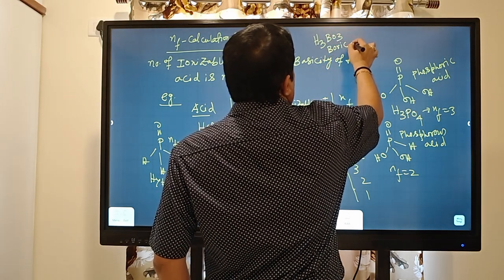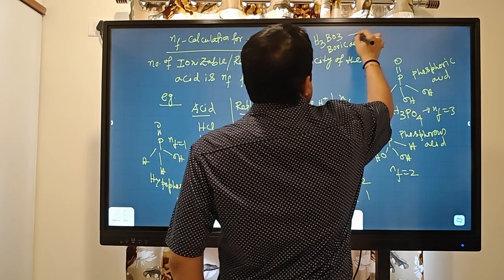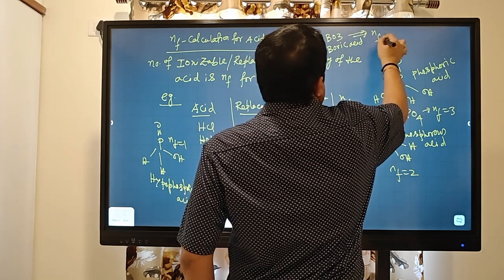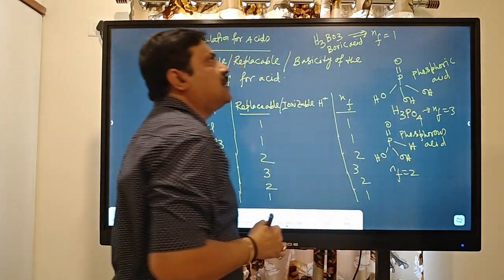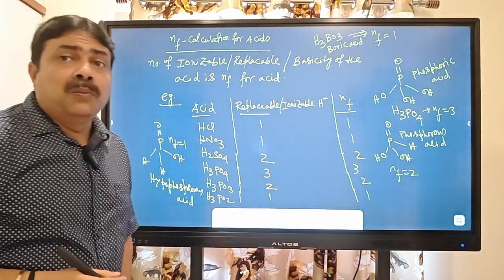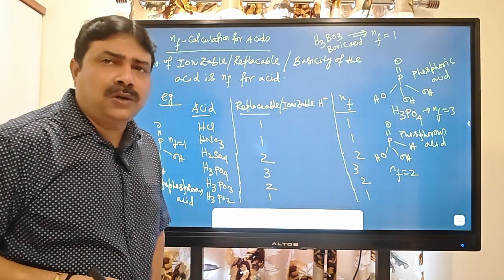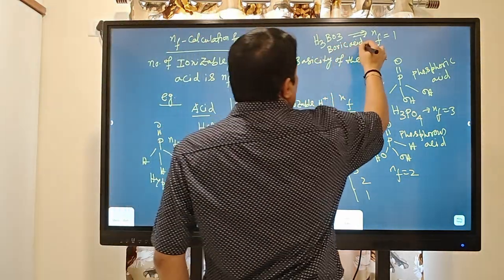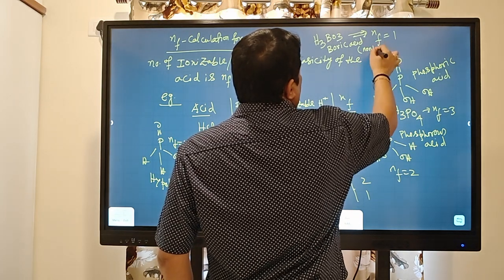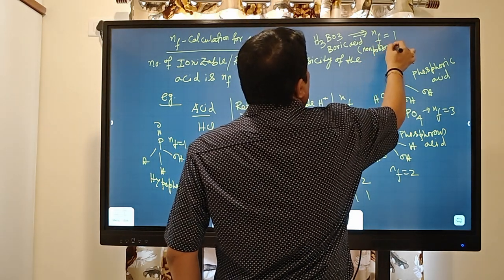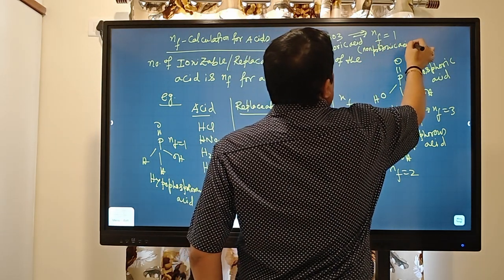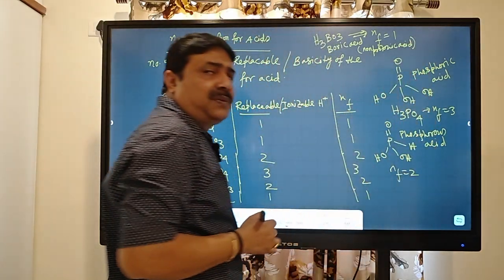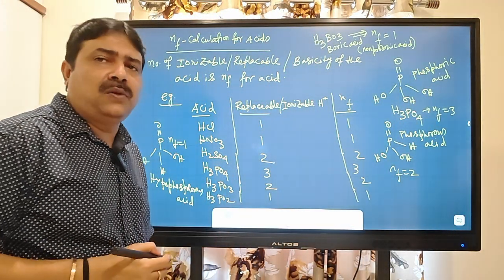what is the N factor of boric acid? Some people will think the N factor equals 3, but here the N factor equals 1 for boric acid. Boric acid is a non-protonic acid. What is a non-protonic acid, sir? A non-protonic acid is an acid which cannot give H plus, but it can accept OH minus.